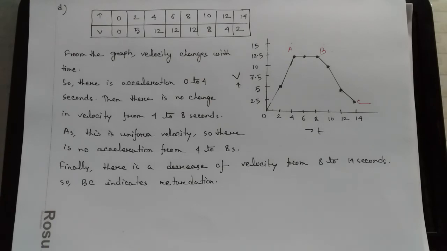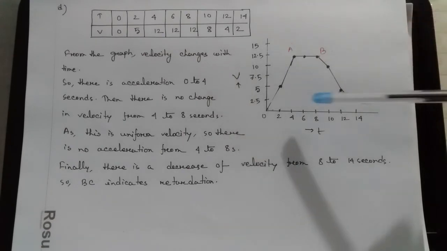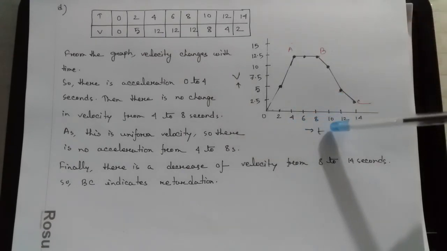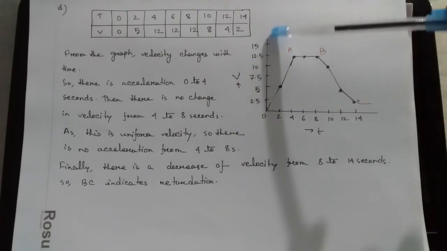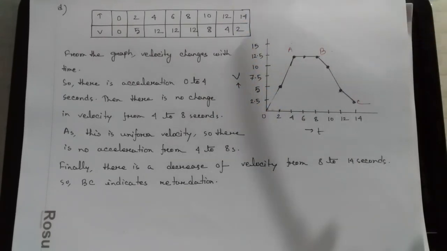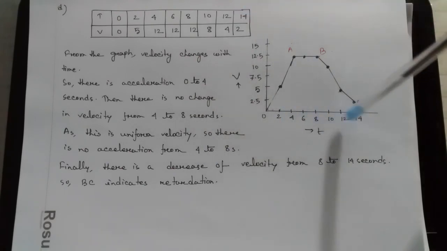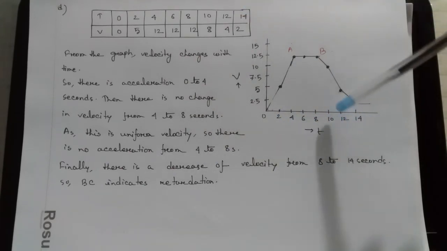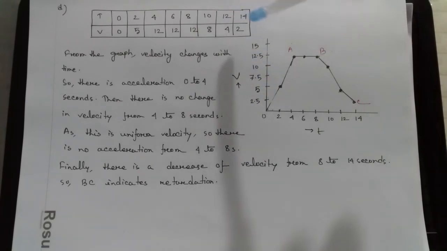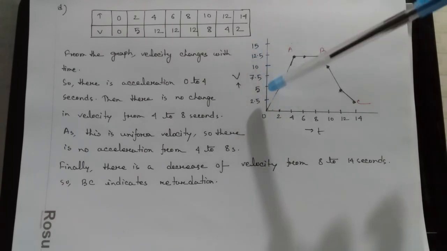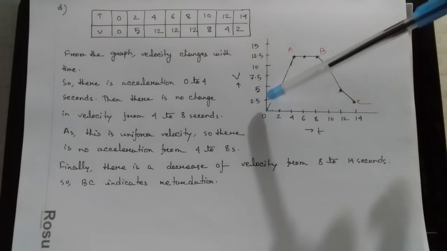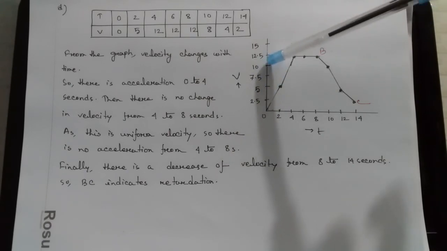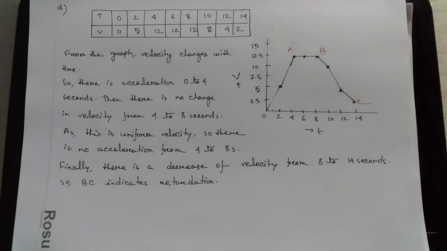The times are projected here: 2, 4, 6, 8, 10, 12, 14, and so on, and the velocities are projected on the y-axis. As the velocities range differently, periodicity is not maintained here, so we divide it as 5, 7.5, 10, 12.5, 15, and so on.